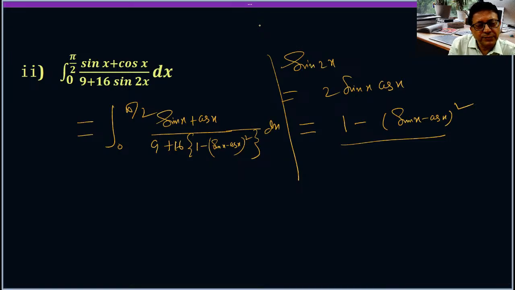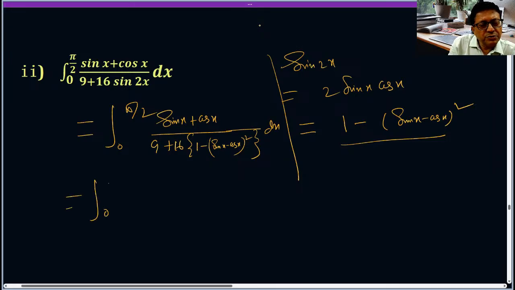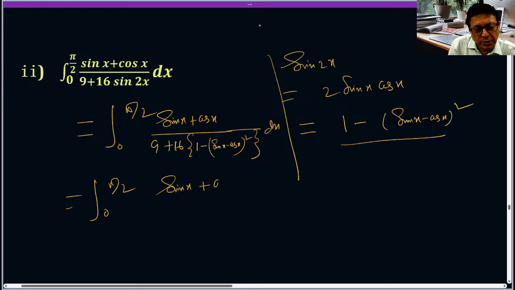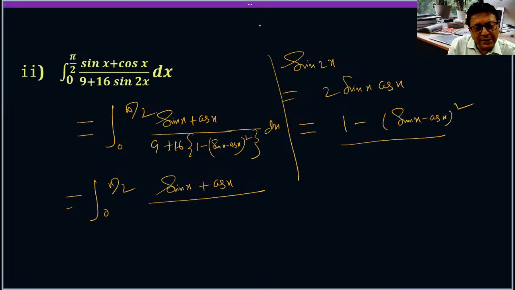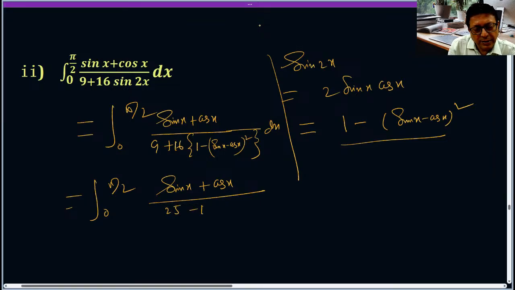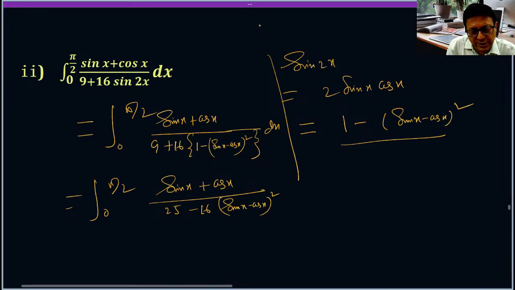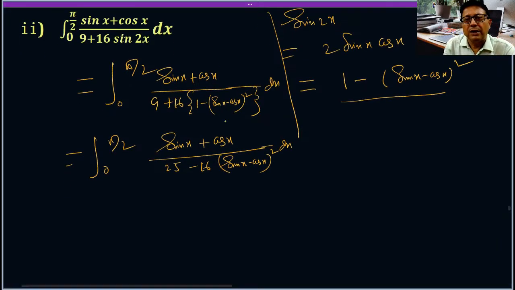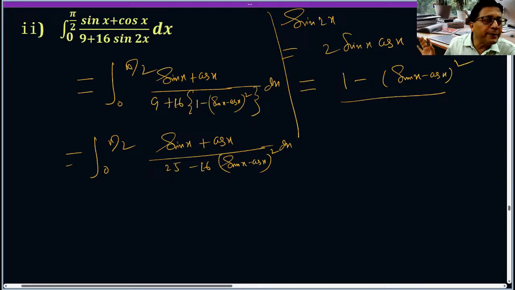You understand? This will be 0 to pi by 2 by sin x minus cos x whole square into dx. So this is basically indefinite integration sum, just given limit.